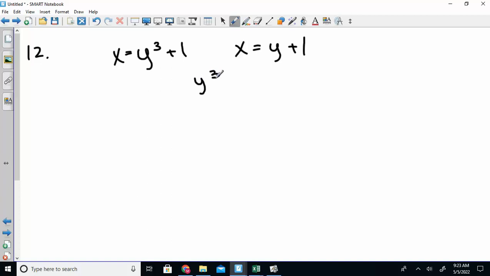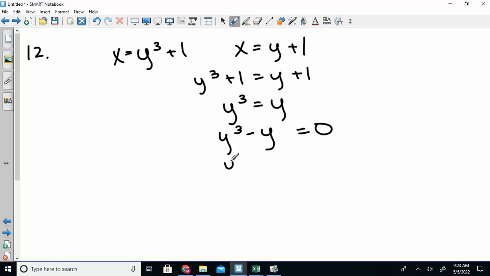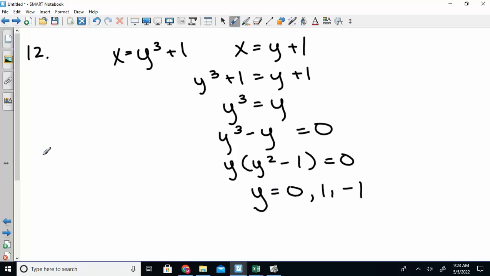We need to find out where these meet, so if you set them equal to one another, subtract the 1, you get y cubed equals y. Subtract over your y, and you can factor out a y. So you get y equals 0, 1, and negative 1.